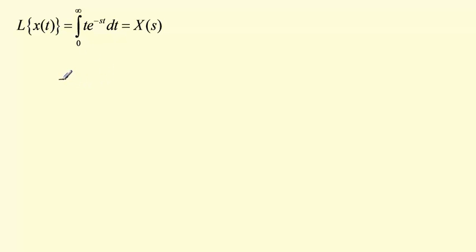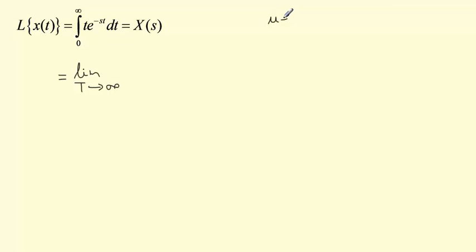So integrating here, this is what we're going to do again. We introduce our limiting process, because it's an improper integral, as t is going to infinity. And then we know that we have a product here, so we need to use the product rule for integration.